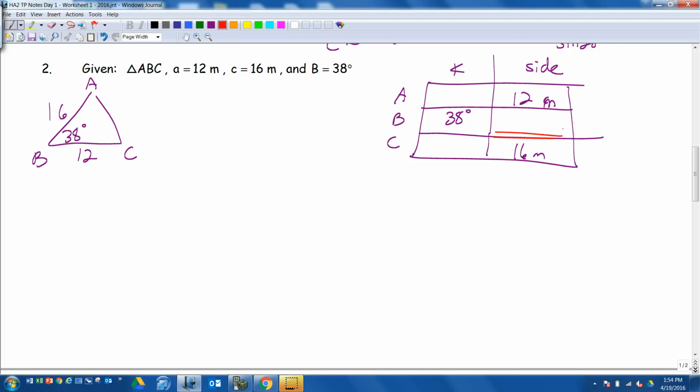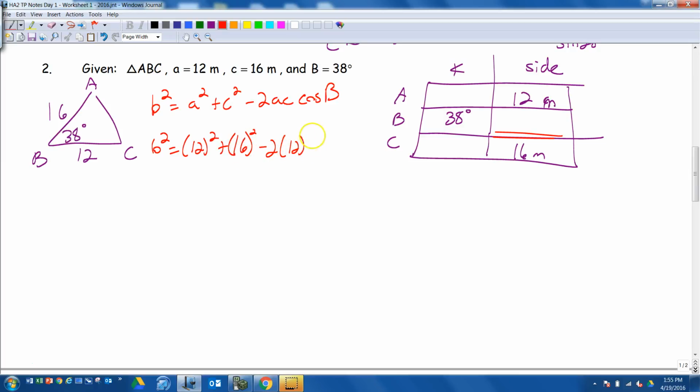So we're going to set it up looking for little b, so we're going to say b squared is equal to a squared. We're going to use this formula, which is law of cosines. Okay, so now I'm going to put all my numbers in. B squared is equal to 12 squared plus 16 squared minus 2 times 12 times 16 cosine of 38 degrees.